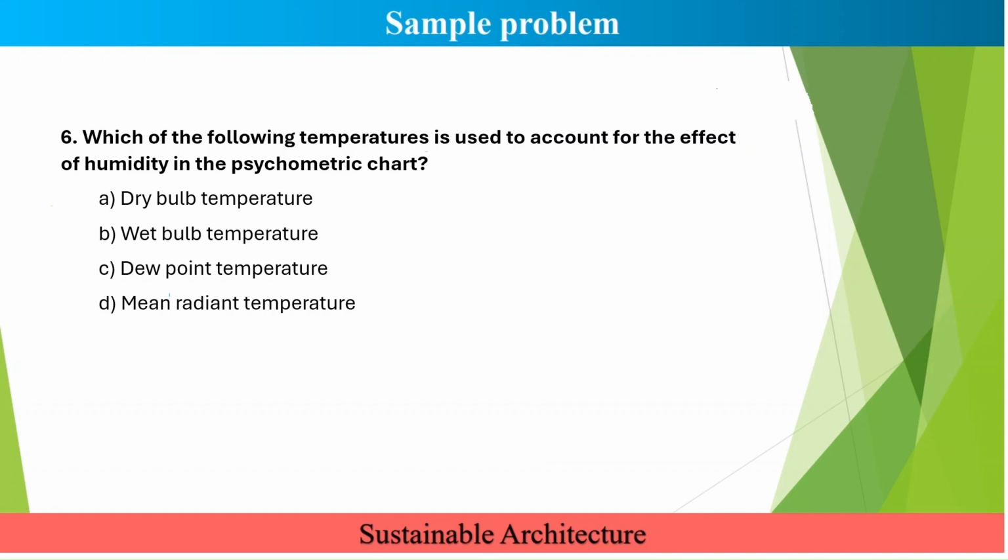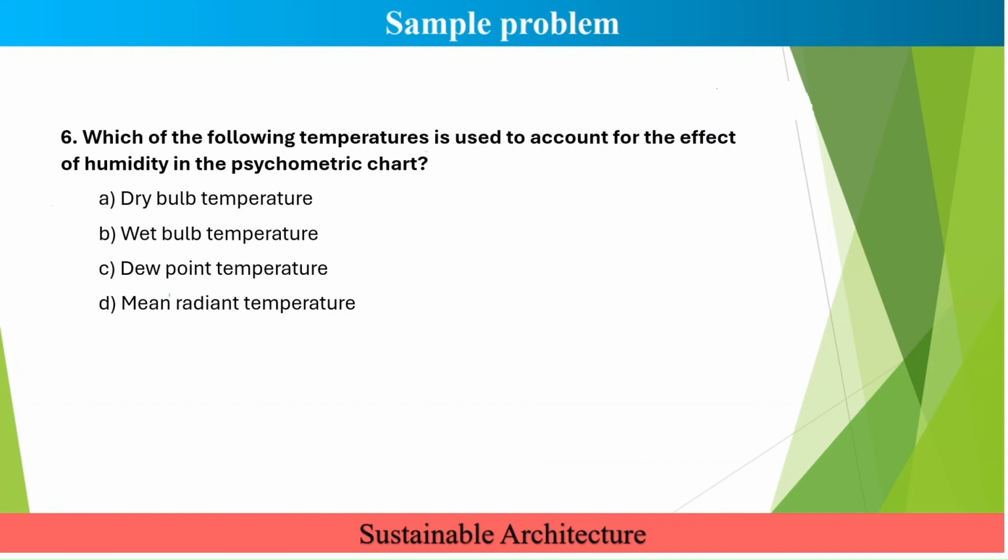Dry bulb temperature, wet bulb temperature, the definitions of all these temperatures have been well explained. So which of the following parameters or temperatures considers the humidity in the psychometric chart?